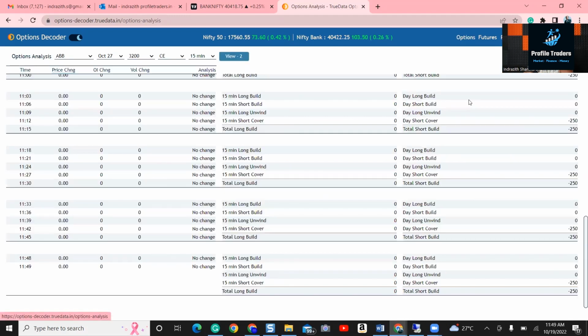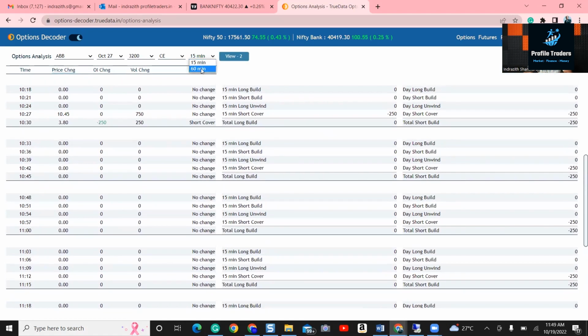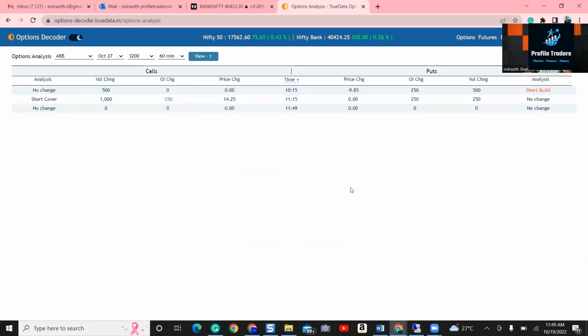So now options analysis. This is quite interesting. They have two views, view 1 and view 2. So in view 1, okay, I'll go to Nifty so that I will have the majority of the data. What it does is, it gives OI related information and volume related information on the call side and put side.